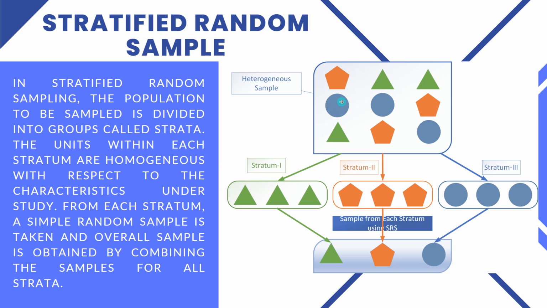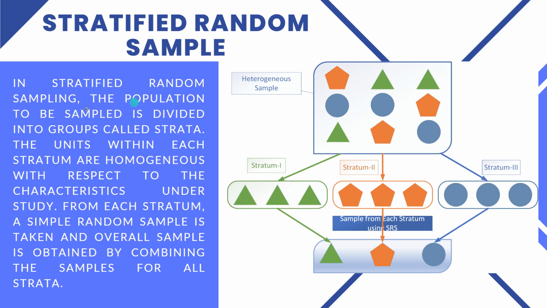We made strata from this population, and within strata the elements are homogeneous. The strata, or stratum, are internally homogeneous. As you can see, stratum 1 is internally homogeneous, stratum 2 is internally homogeneous, and stratum 3 is internally homogeneous, but externally the strata are different from each other.